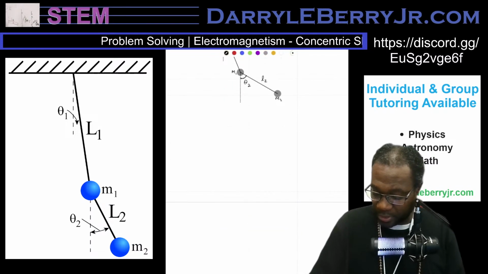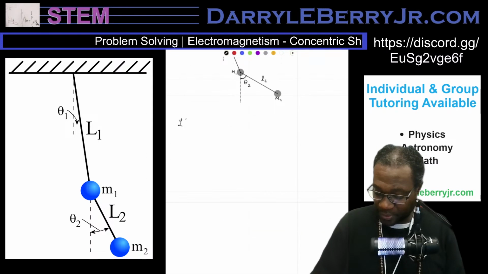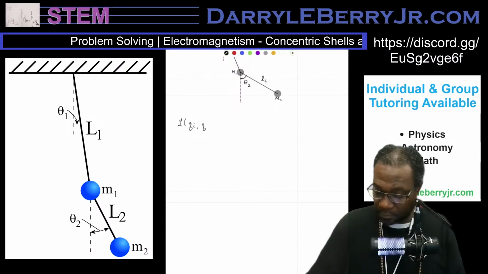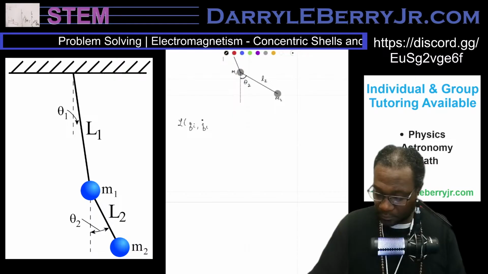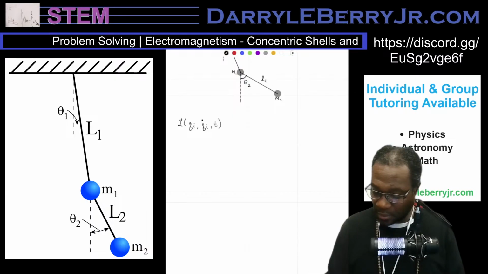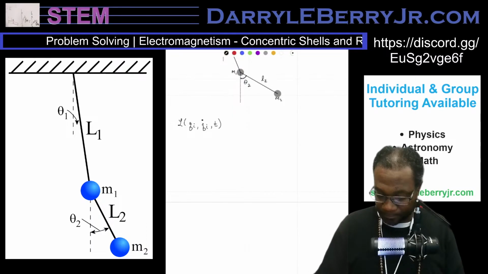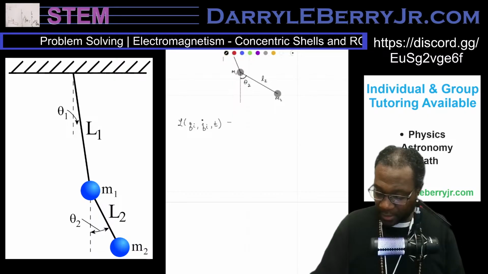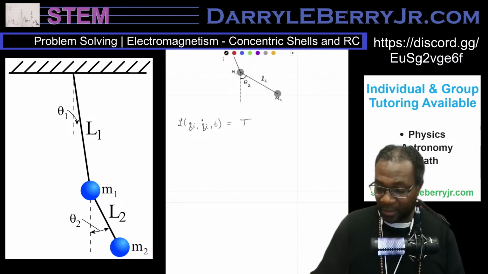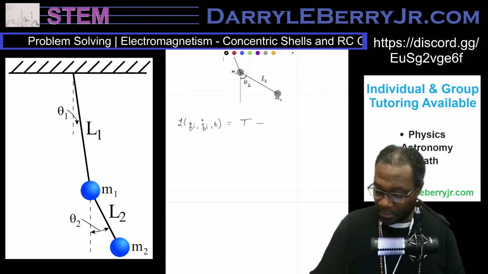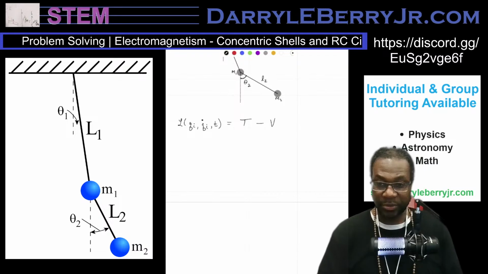So the Lagrangian method basically takes a function of generalized coordinates, and it is basically the kinetic energy minus the potential energy.